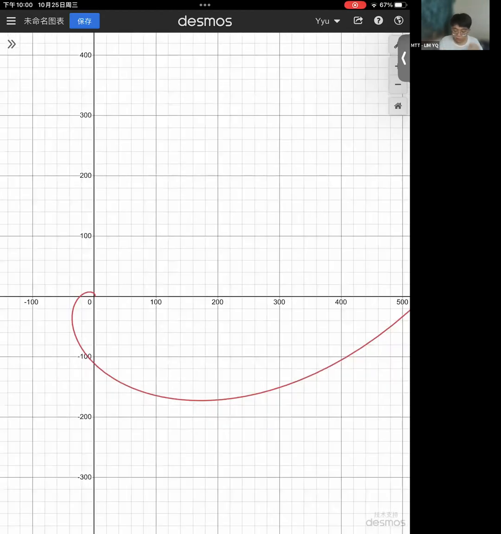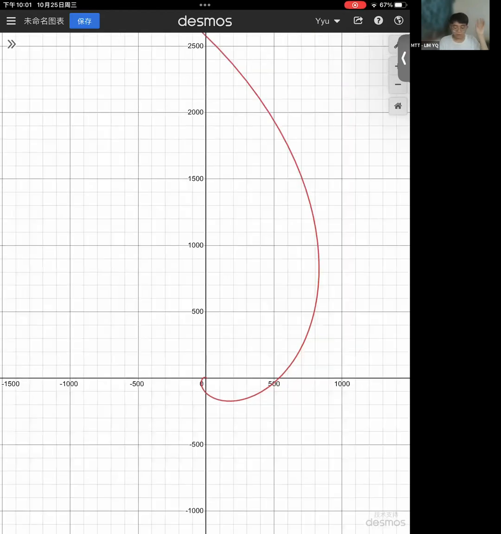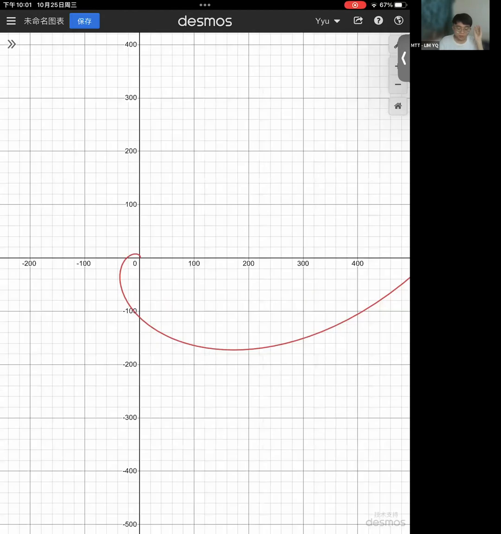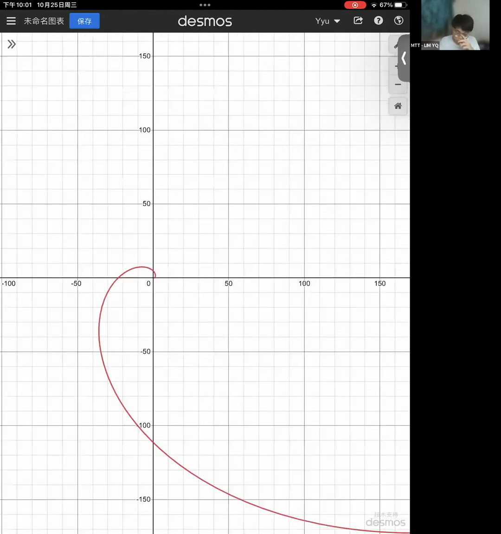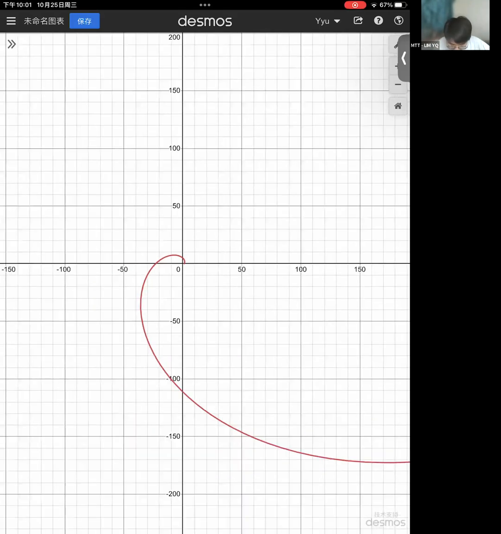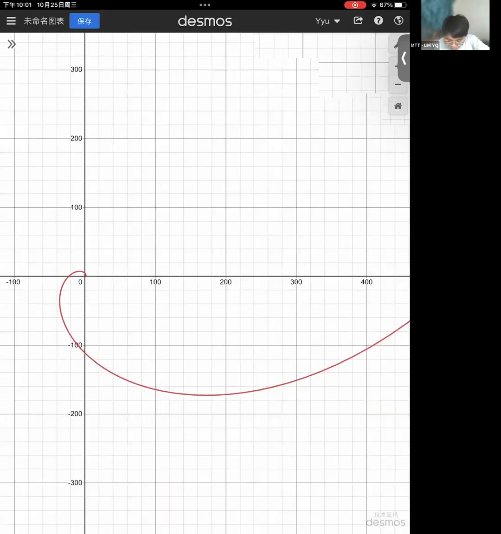So it should be like that. You can continue to zoom out, and you can zoom in. This is the pattern, I would say. Maybe you can take a screenshot and say, okay, teacher, this one was done using a calculator, and give a picture like that. I will attach this one.